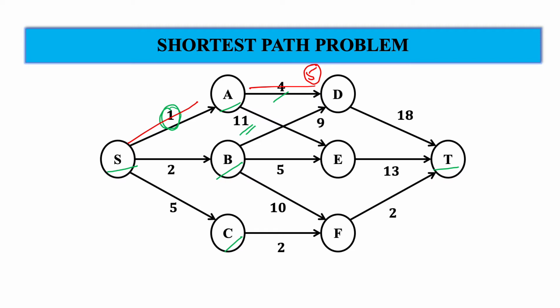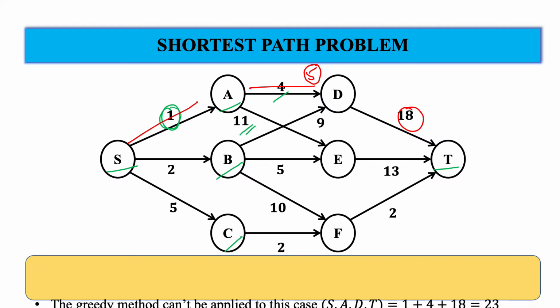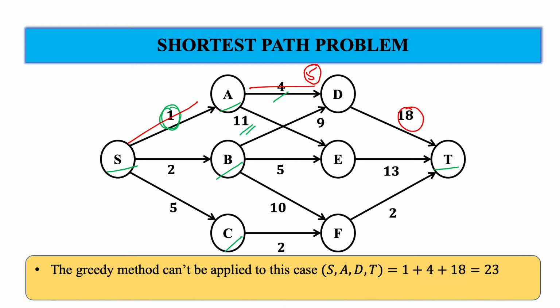Okay, now from D to T we are having only one path, which is of 18 units. So total will be 18 plus 4 plus 1, so it is 23 by greedy method. So the minimum distance is SADT, which is of 23 units.